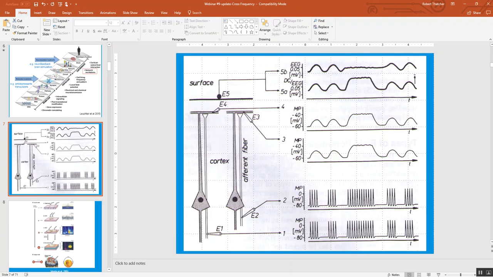Now, how are neurons selected? Well, one thing that we've discovered is that there's a relationship between the probability of neuron firing and the local field potential. Now, the local field potential is the electrical potential that you can measure in the EEG frequency range with a microelectrode just outside a group of neurons.